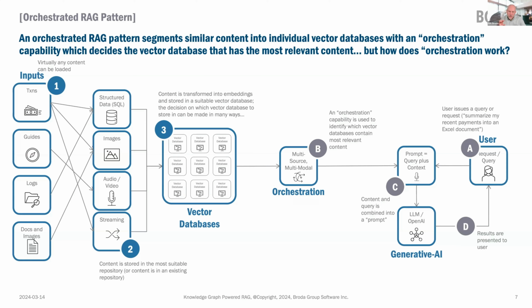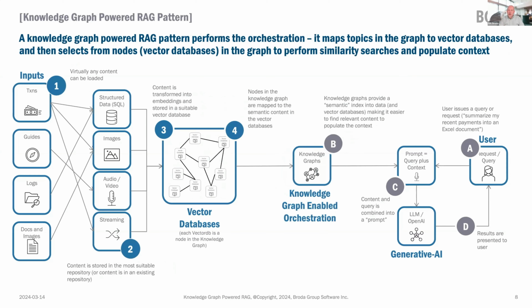So for the multi-source and multimodal orchestration, what we found is there needs to be some logic that sits on top of that and automates the way that you select your vector databases. And more importantly, how do you select the most effective vector database relative to the prompt or the query that comes in? And that's where we get to our final destination, the knowledge graph powered RAG pattern.